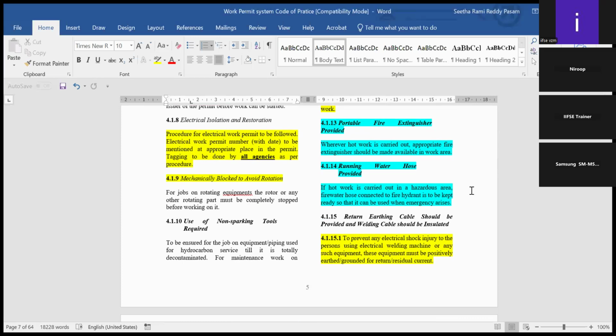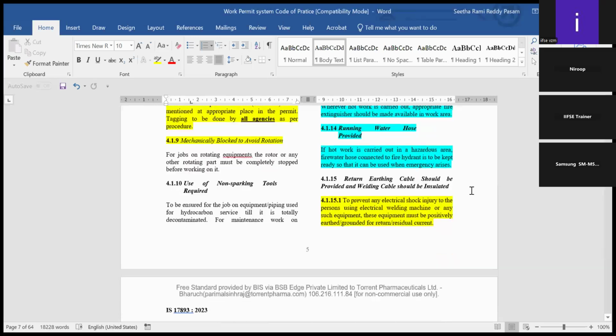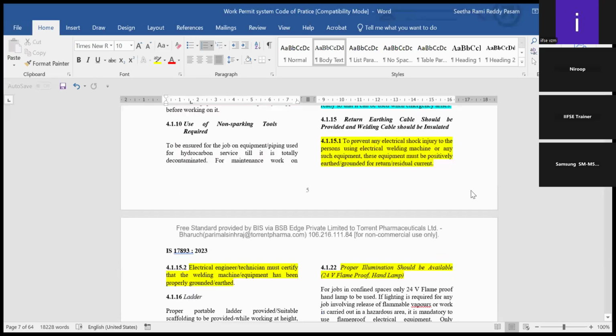Apart from the fire extinguisher, a water hose also should be kept available. Then return earthing cable should be provided, and also welding cable should be insulated. This is for the welding activity where earthing connections are required.